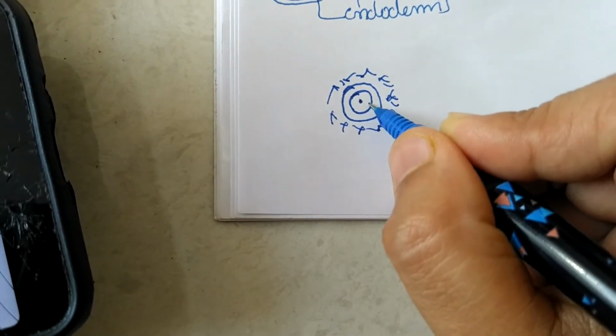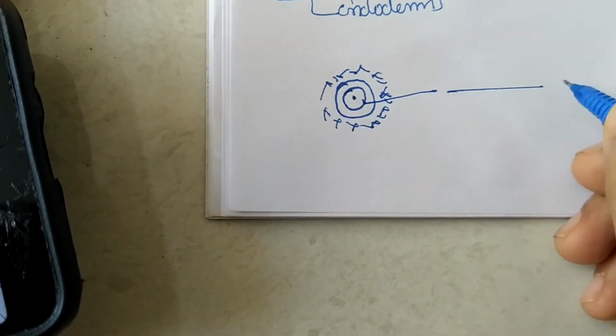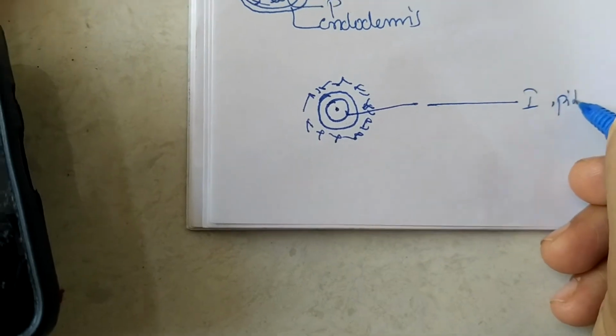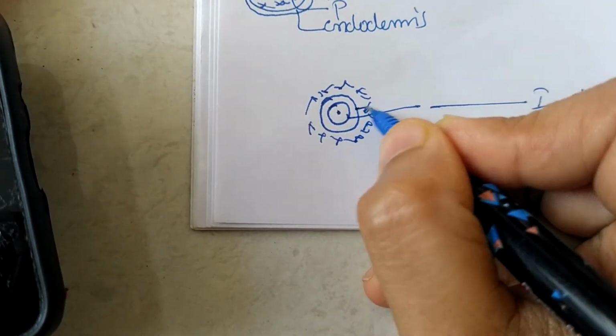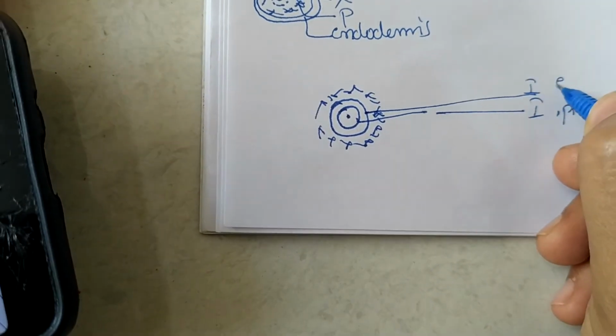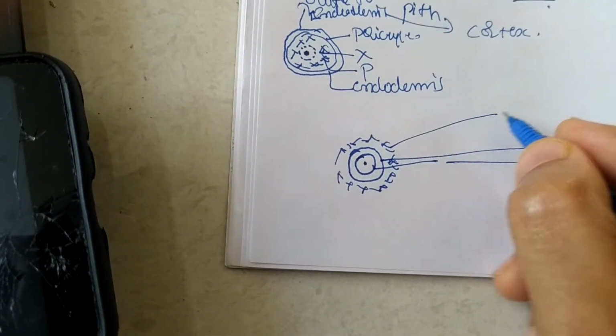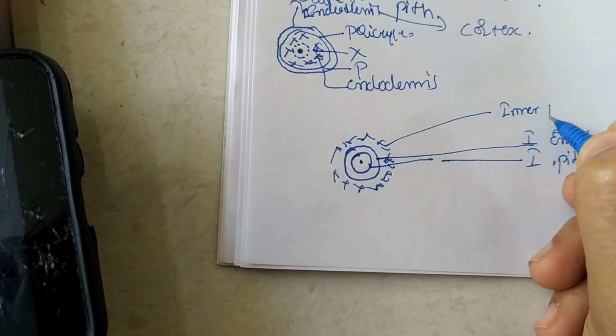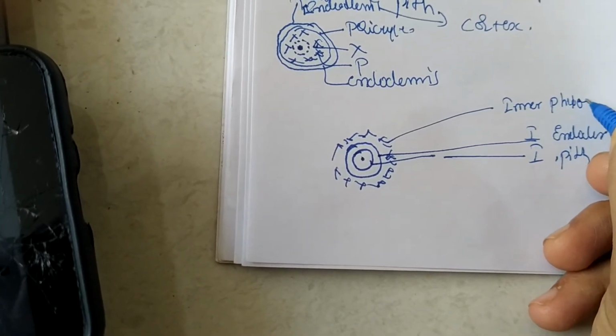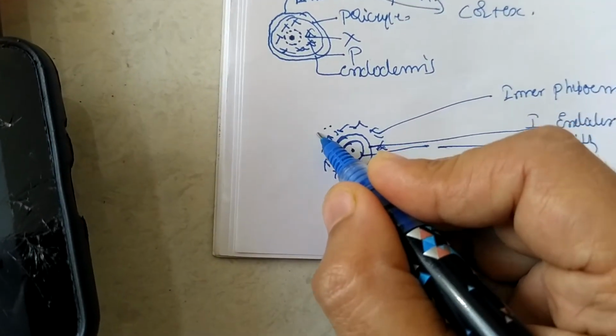So we are going to call it as inner pericycle, inner endodermis, and inner phloem. This phloem is surrounded by xylem.